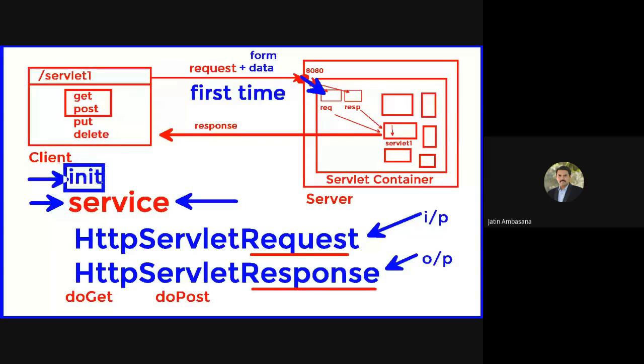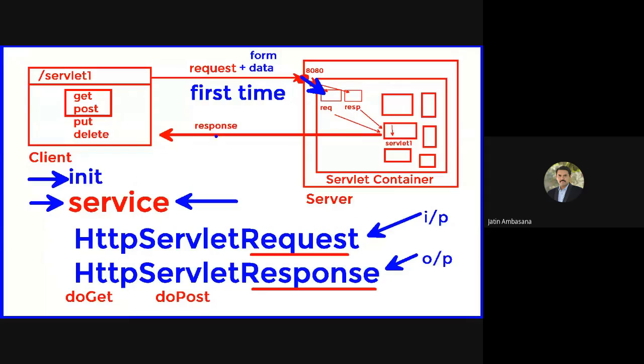The init method gets executed one time only, specifically when the first request comes for that particular servlet. Then the service method gets invoked, and it decides to which particular method these two objects are to be passed.